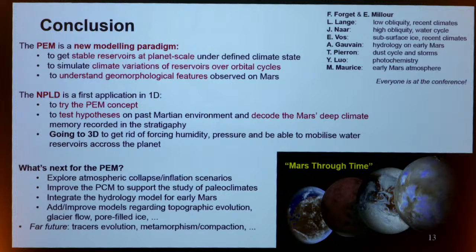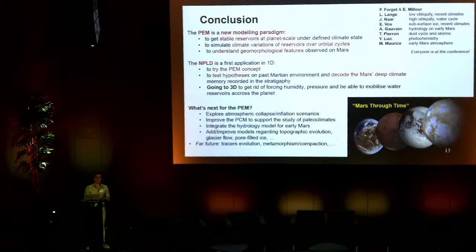The first one is to get stable reservoirs at planet scale in order to, for example, make new initializations for other simulations. And the second one is to simulate the climate variations of the reservoirs, for example, like the NPLD I showed you. And this, I expect, will allow us to explain the geomorphological features.